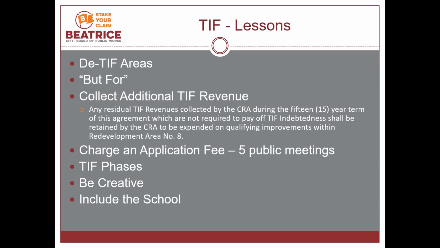It basically says if there are any residual TIF revenues during the 15 years that exceed the TIF payoff indebtedness, the CRA will keep those TIF revenues and use them for improvements in that area. As an example, we have not had any projects get paid off yet, where we could collect the additional TIF revenue. But the one that is getting there quickly is the Hannibal View project that we talked about.